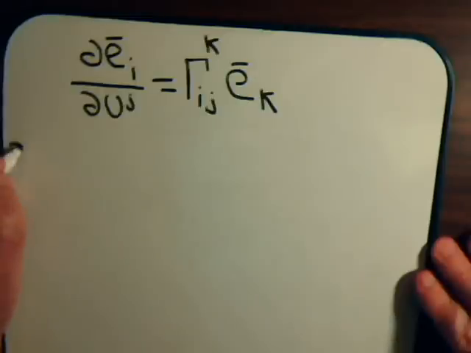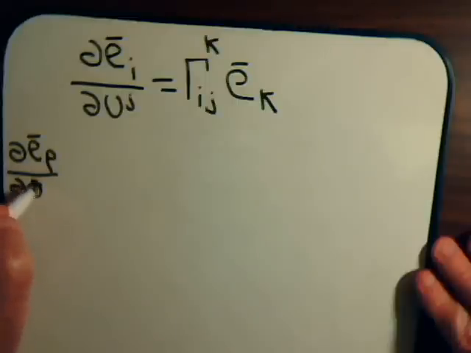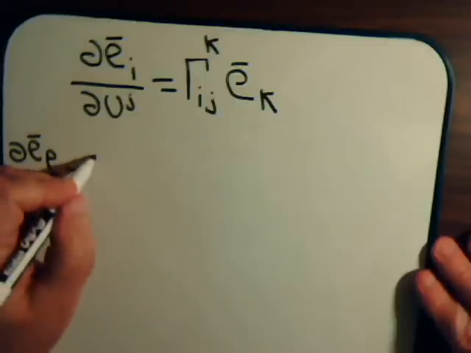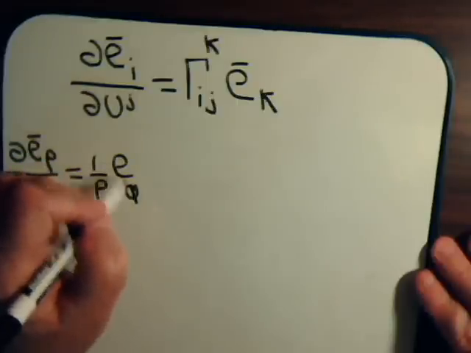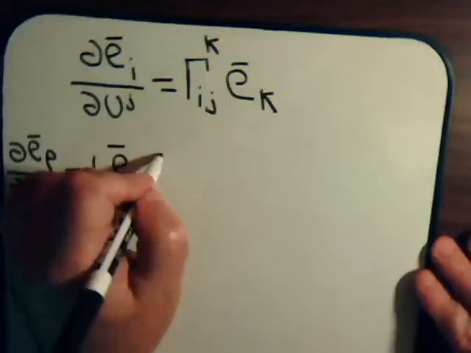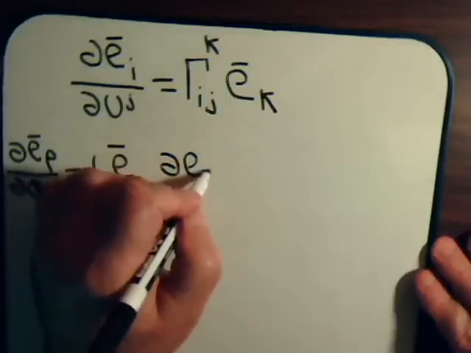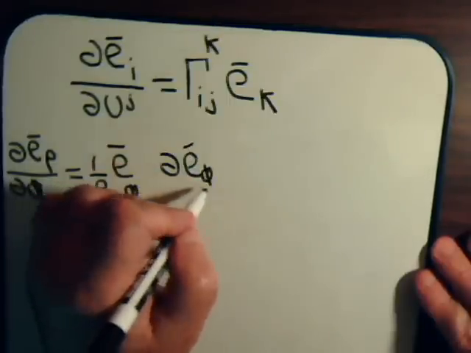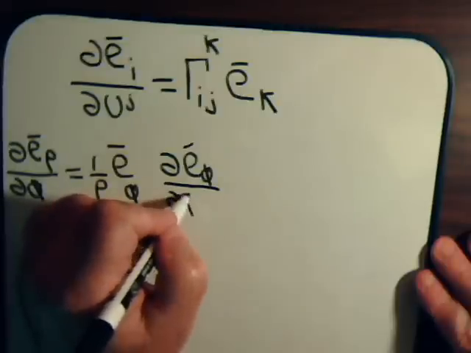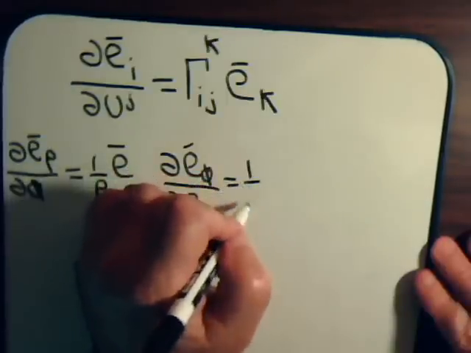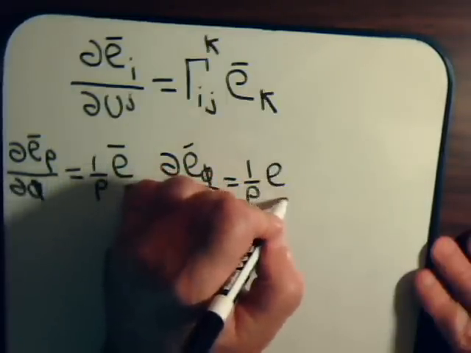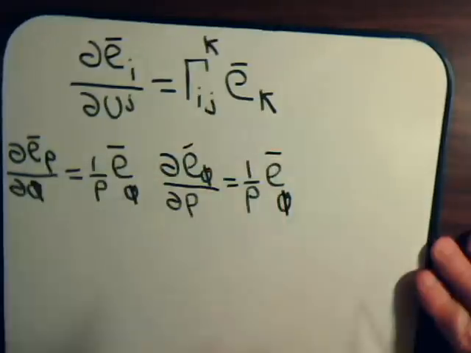We had the partial of E rho with respect to psi, and that was equal to 1 over rho E psi. Then we have the partial of E psi with respect to rho. That will equal 1 over rho E psi.